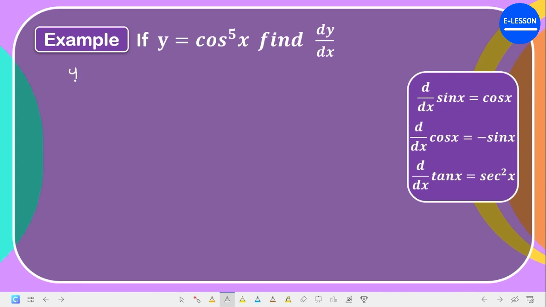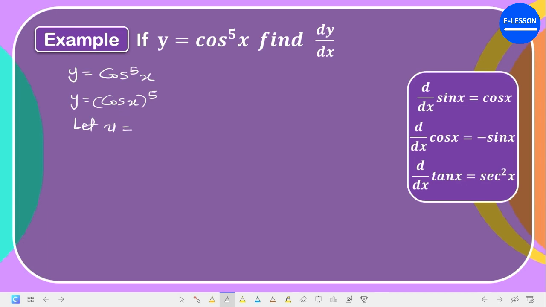You say let your y be equal to cos raised to the power of 5x. Now this can also be written as y is equal to (cos x) raised to the power of 5. Now if you have this, you can say let u be equal to everything in the brackets.